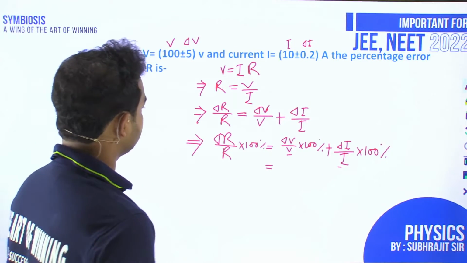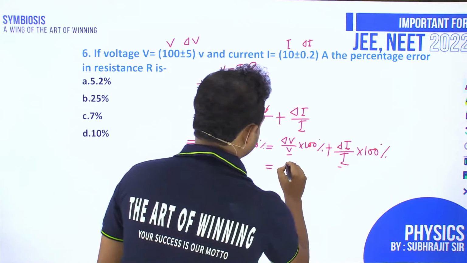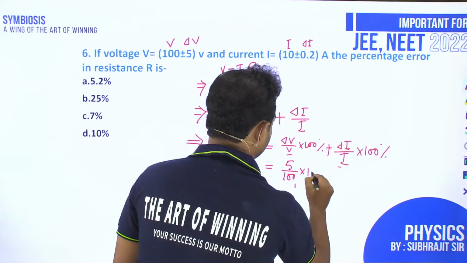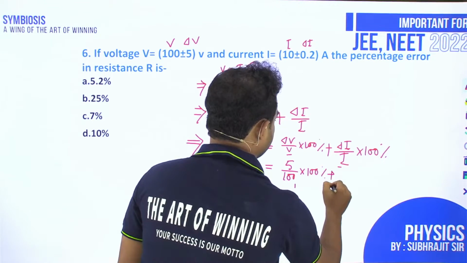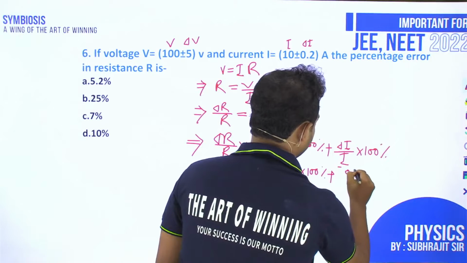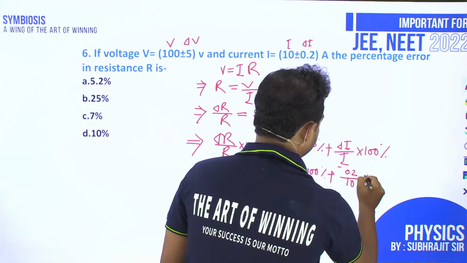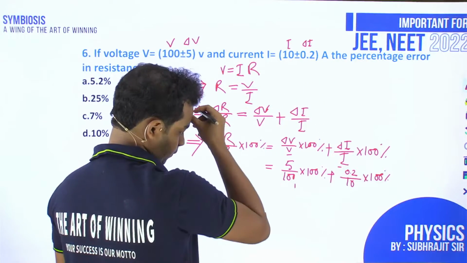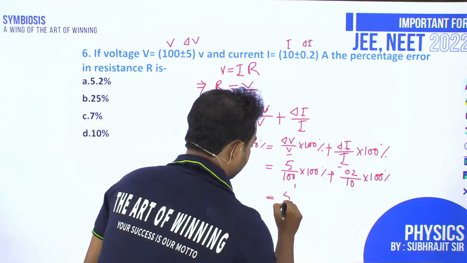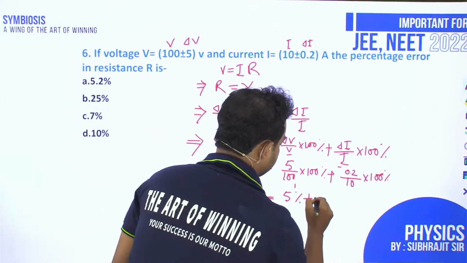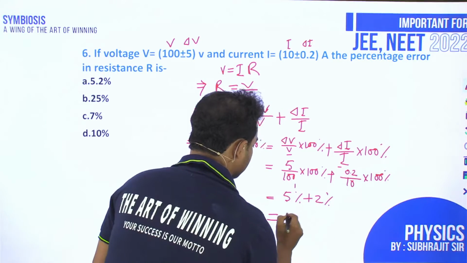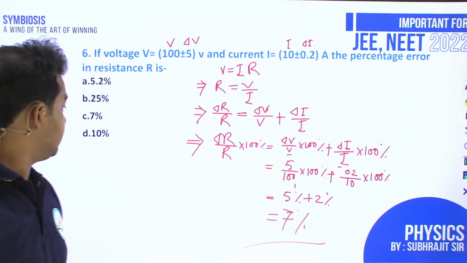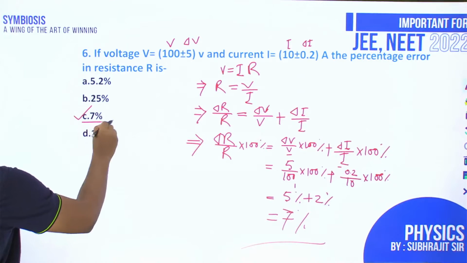Now put these values. This one is 5 divided by 100 into 100% plus 0.2 divided by 10 into 100%. So from here we find 5% plus 2%, that is equal to 7%.